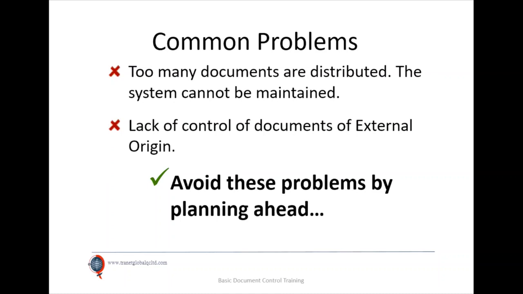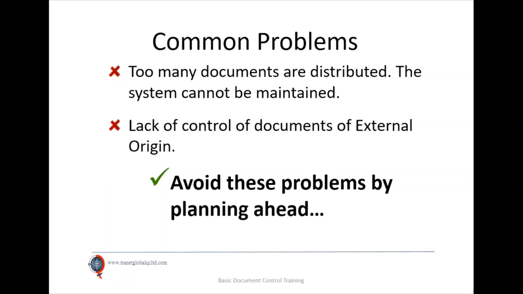Lack of control of documents of external origin is another problem. We've explained this earlier. We have to put measures in place to make sure we control documents of external origin. Avoid all these problems by planning ahead.